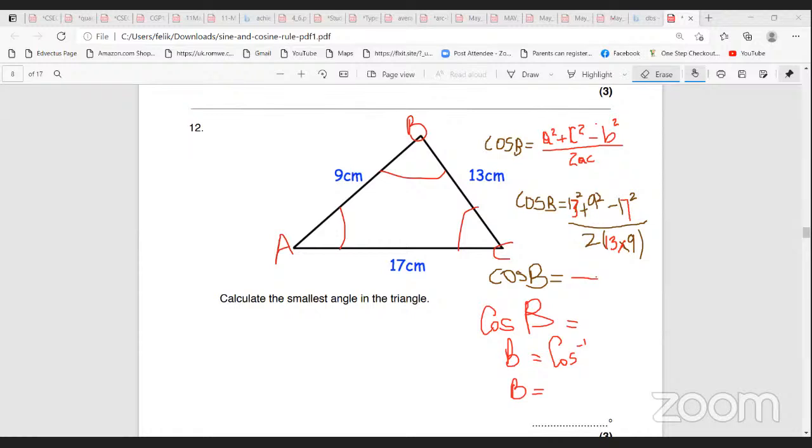I'm getting the same thing as you got. Let me just double check to make sure.